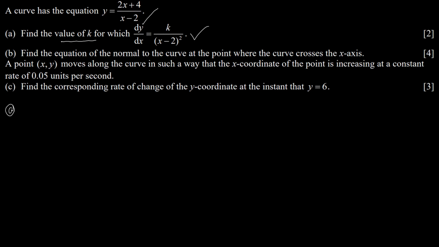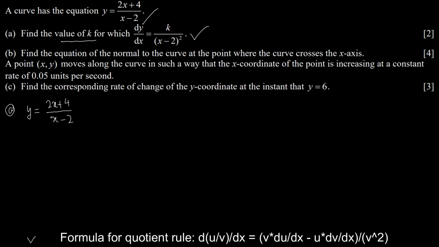We have to apply the quotient rule here because it is given in the form of a quotient, 2x plus 4 in the numerator and x minus 2 in the denominator. Check the quotient rule, which is appearing at the bottom of the screen.